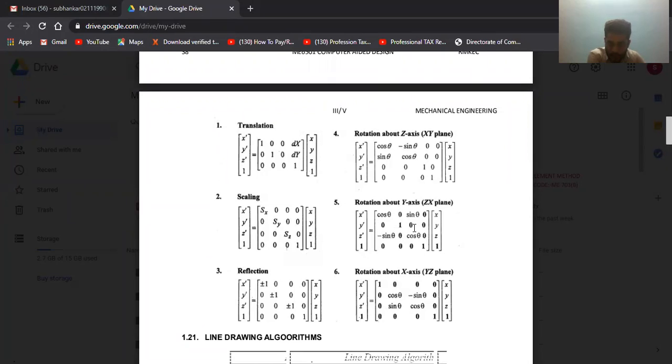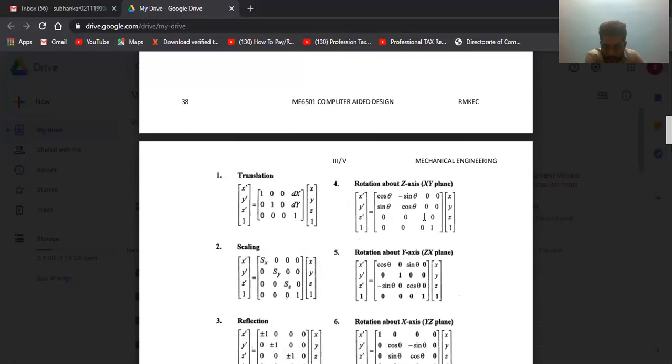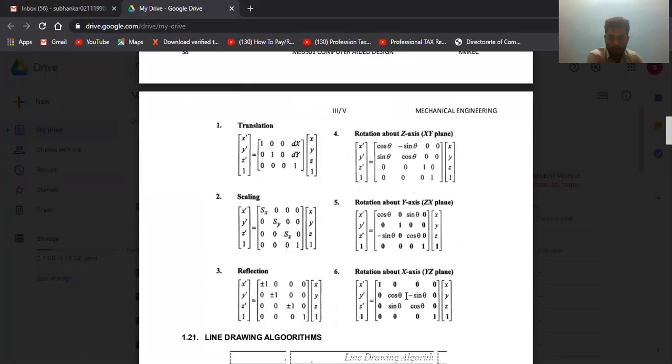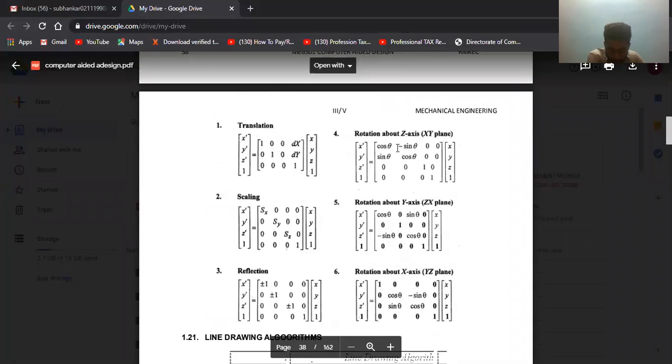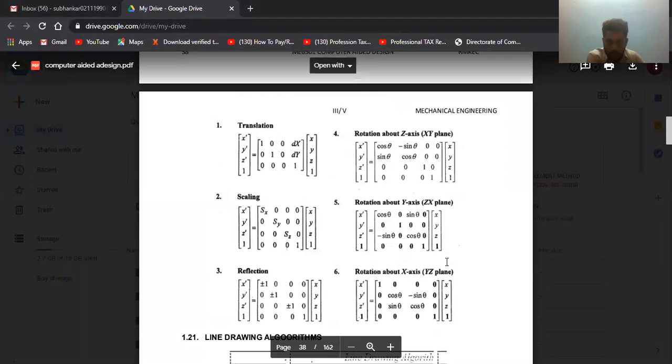For z, this is my z and this is my z. Likewise, you can remember. It is up to your choice how you remember to solve the problems, but I use this technique to remember these formulas.